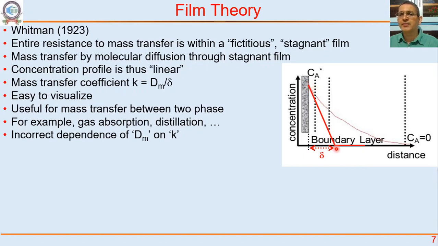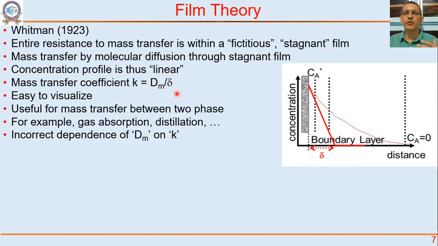All the resistance is accounted for here, so there is no further change in the concentration beyond this layer, and this fictitious layer we call the mass transfer film. The concentration profile is therefore linear if only pure diffusion is occurring. Because it is stagnant, only molecular diffusion is occurring, so Km would be diffusivity divided by delta.